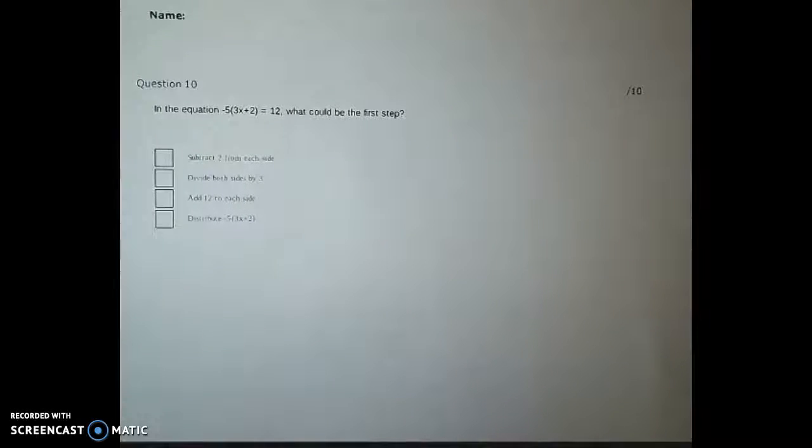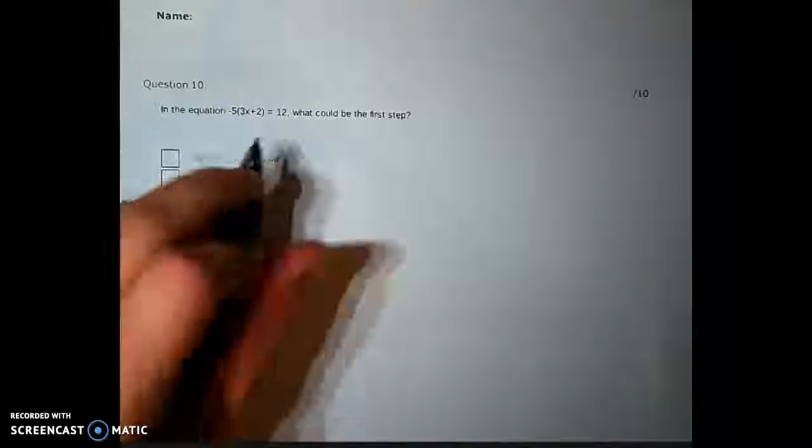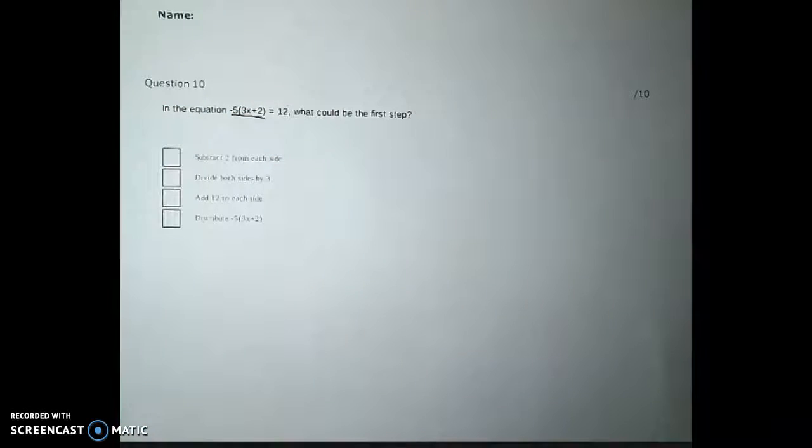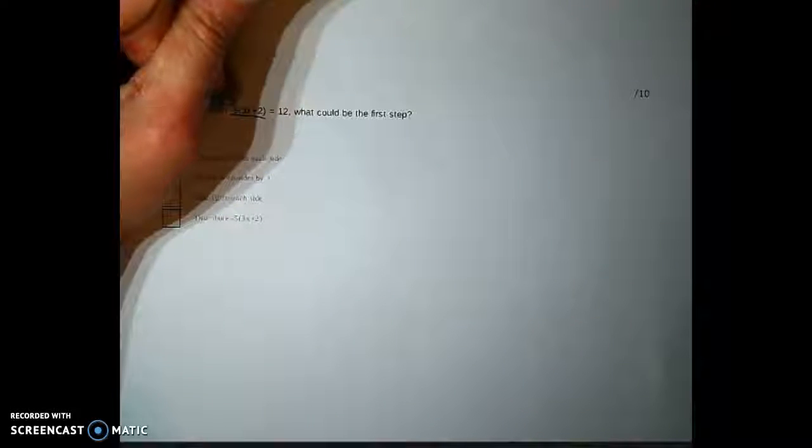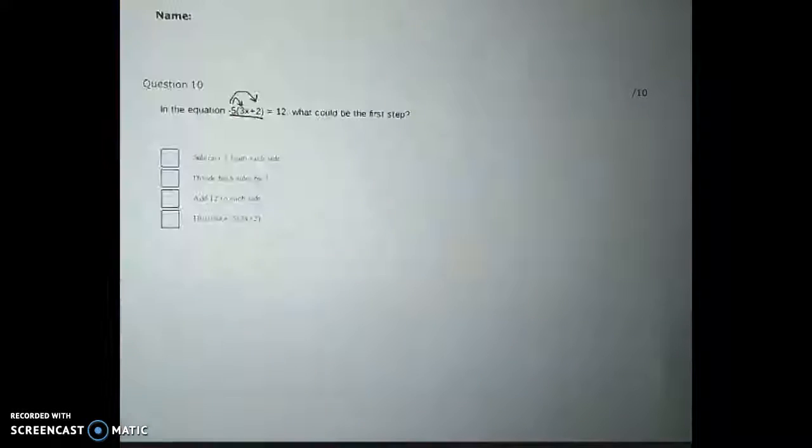Now this is a multi-step equation, and when we have a multi-step equation, we want to simplify everything that we can first before we solve. So this equation says, in the equation, -5 times (3x plus 2) equals 12, what could be the first step? I want to simplify my left side of the expression, and I simplify that by distributing the -5 to both terms.